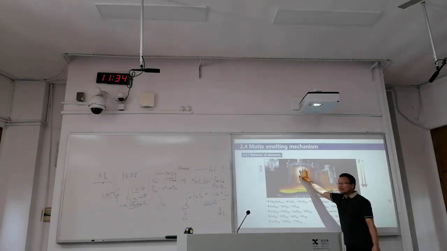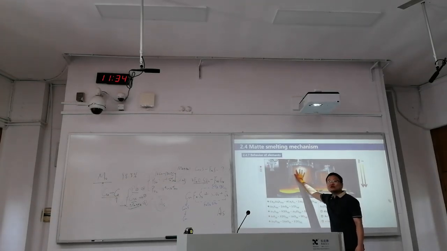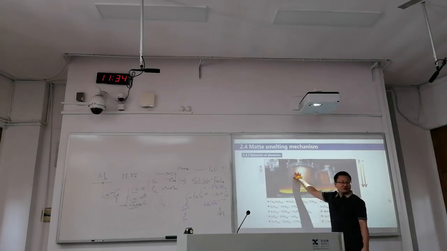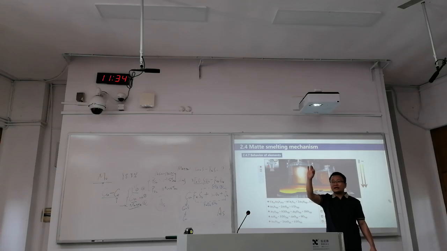And here we can imagine in this reaction shaft, there are rings of melt droplets, rings of slag droplets, right? Very heavy rings here. So small droplets.